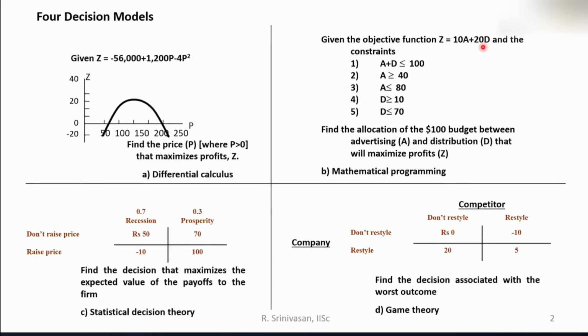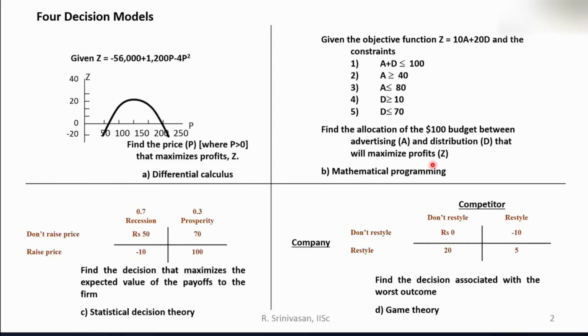What is going to happen? Your 10a plus 20d, how much are you going to get? But the budget is only $100. Kindly note that. So how much should I do to get the maximum value? You may end up saying that I put 40 for a and 60 for d, and I may get the maximum value of z. This is illustrated by a very simple example.